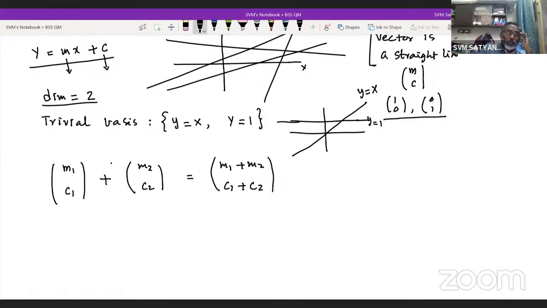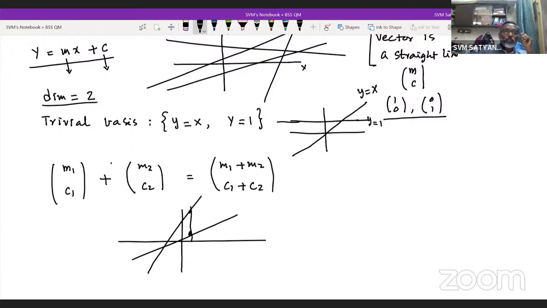Now I understand your question was how to visualize that. Let's say I have a straight line like this, and another straight line like this. When I add these 2 things, what happens? Adding means I am adding point by point. For example, for this value of x, this is the value and this is the value, and I add these 2 things.